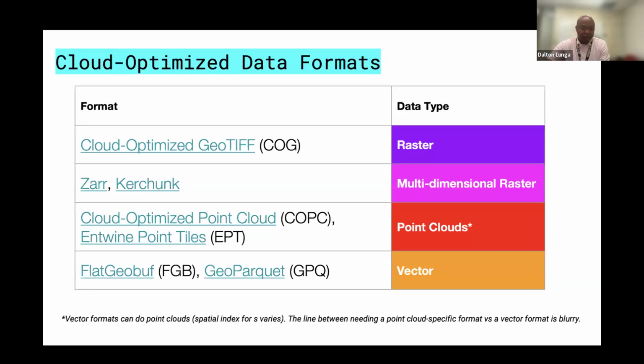And some of the file formats are also being adapted. If you have point clouds and vector data sets, how can you map these in the cloud native architecture to be able to ingest your geospatial data and at times even fuse it with raster data sets? So this is a list of all these different formats that can be taken advantage of in the cloud optimized data architecture.